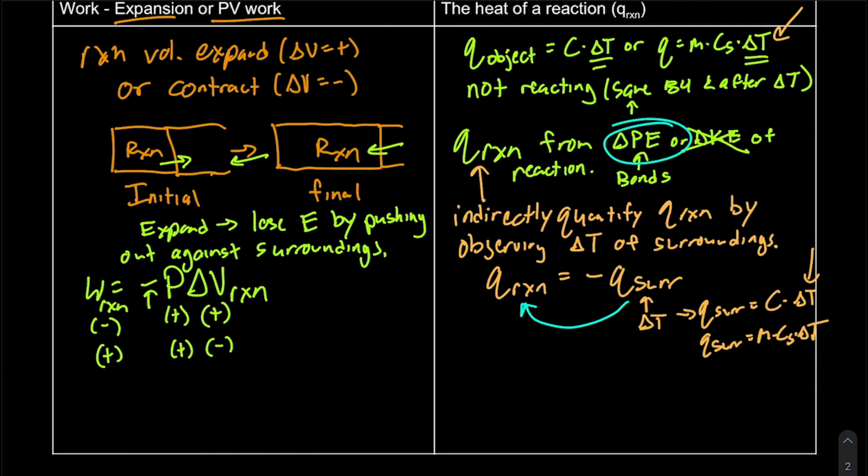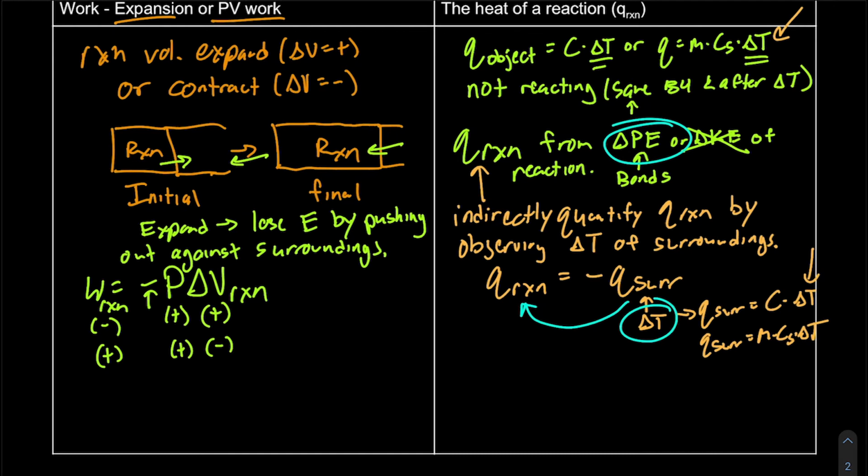And so now we see the Q of our reaction is caused by a change in potential energy, which means we don't have the ability to directly measure that. We cannot look at the potential energy of my reactants and the potential energy of my products. But what we can do is we can look at the change of that potential energy, and we can do that by looking at what is it affecting. If a reaction releases heat, the surroundings is going to absorb that heat.